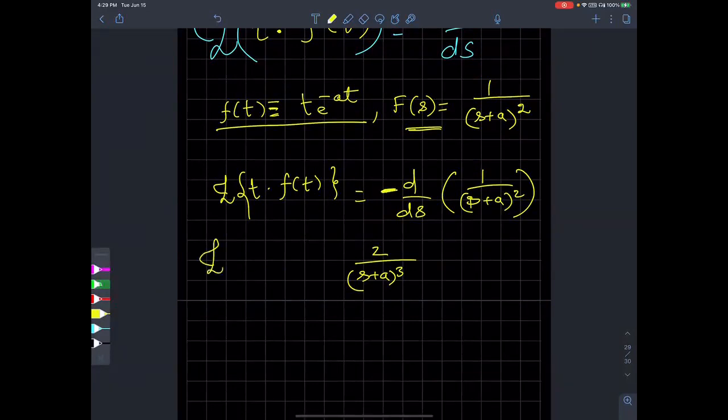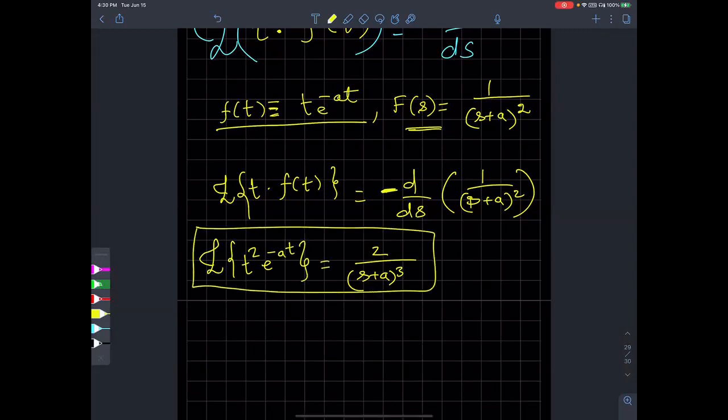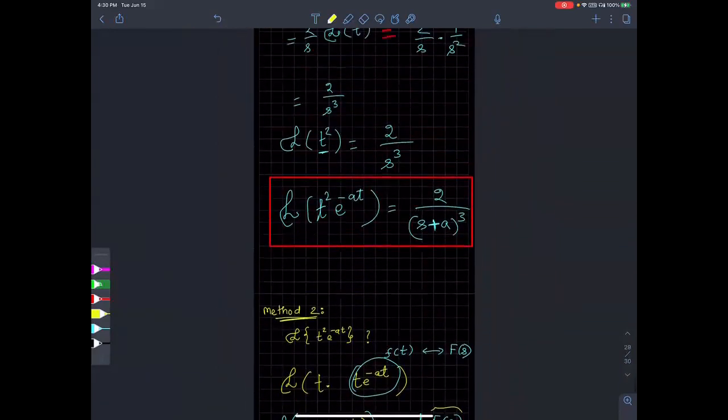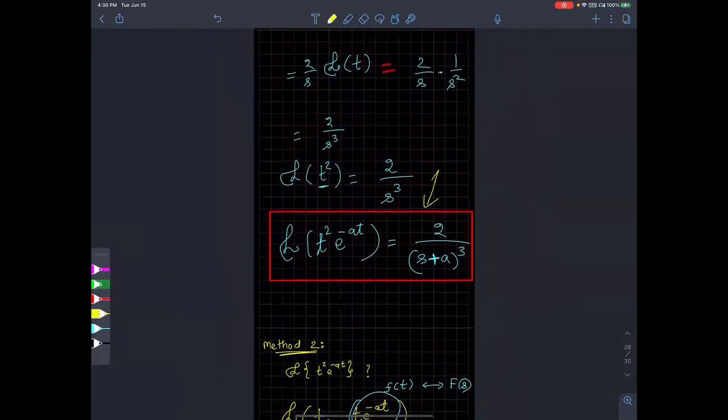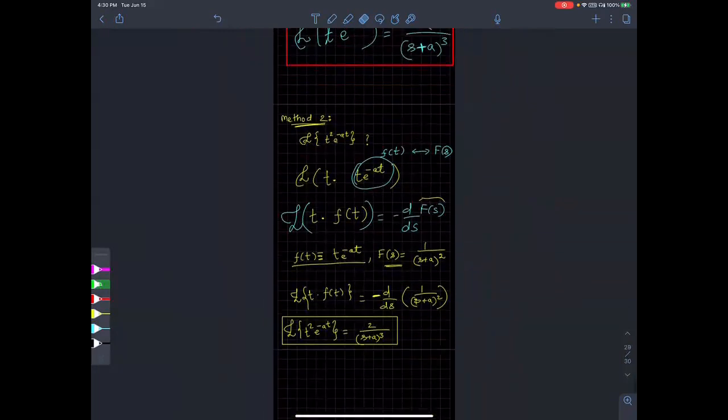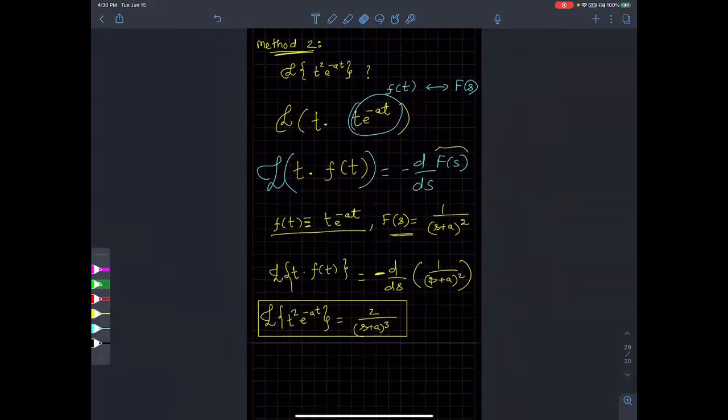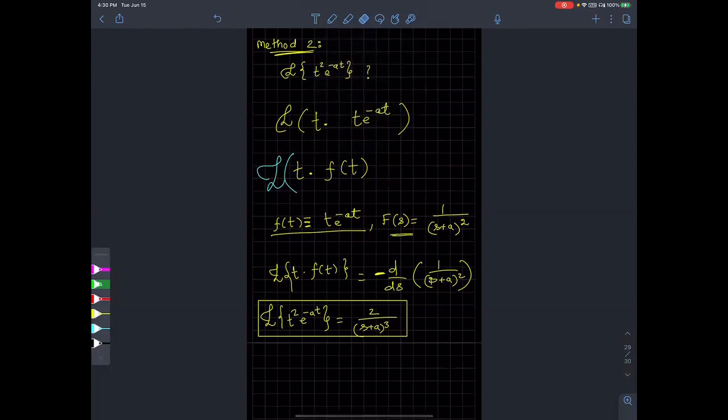So the Laplace transform of t squared e to the minus at, we just found out to be this using two methods. In one method, we applied the definition of Laplace transform and arrived at the exact same result. In the other method, we simply used pre-calculated Laplace transforms to define that for us, minus d by ds of F of s.